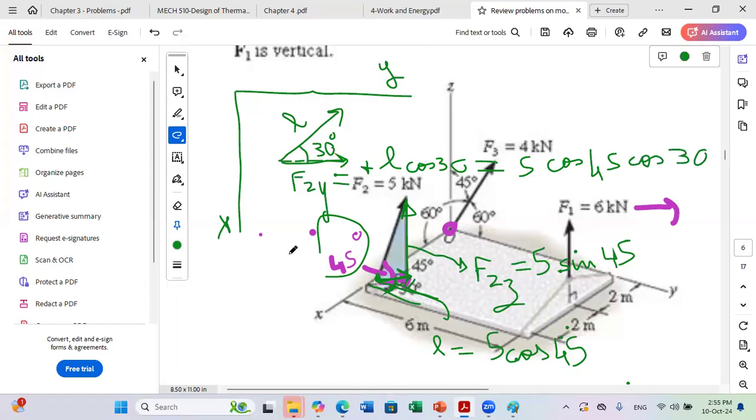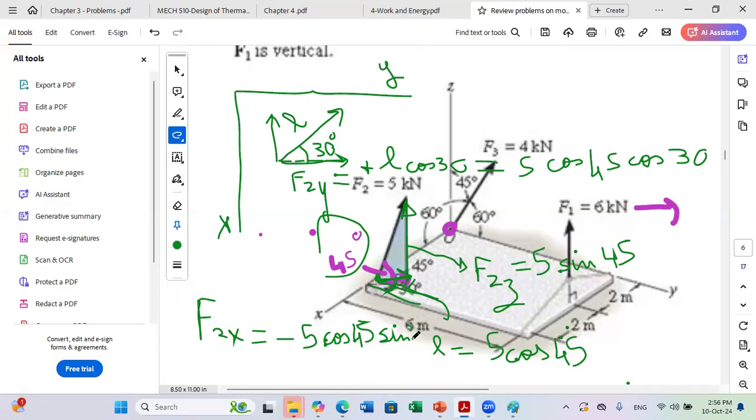While for the X component, it's pointing in the negative direction, so F2X is negative. It's minus L times sine 30. If I replace L by its value, it's minus 5 cosine 45 times sine 30.